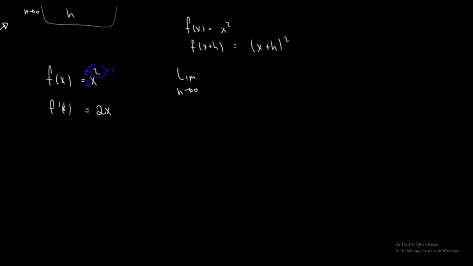So I can rewrite this: it's going to be x plus h squared minus x squared over h, as the limit as h approaches 0.